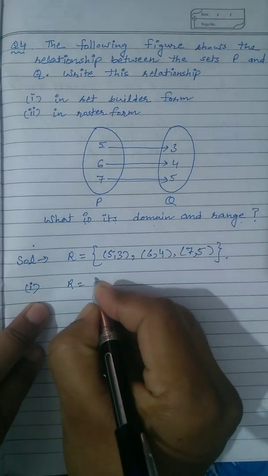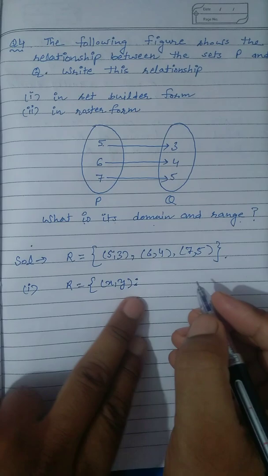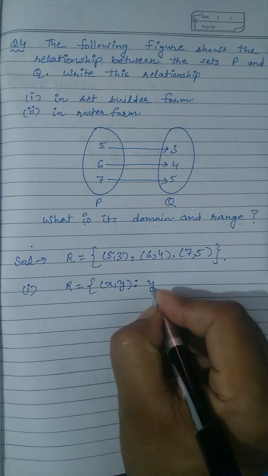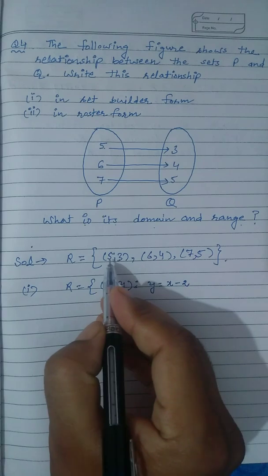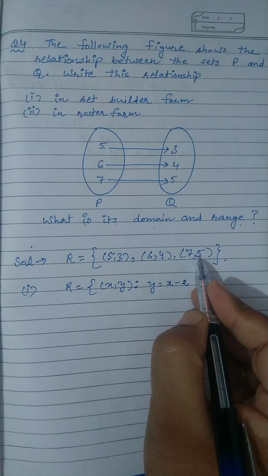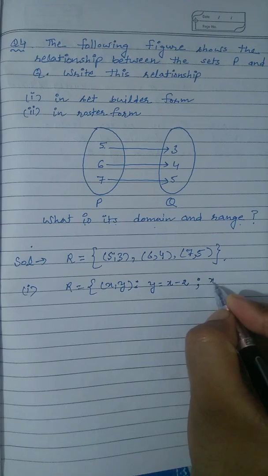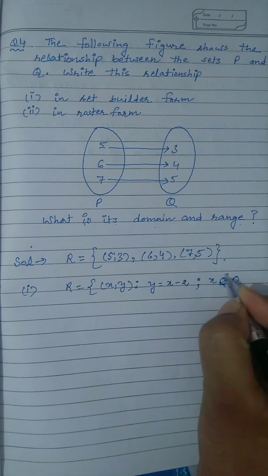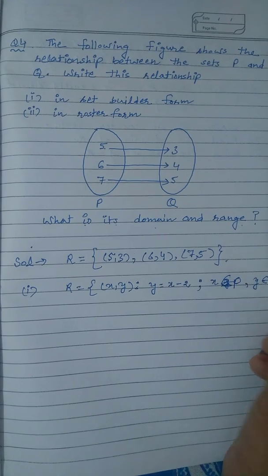R = {(x, y) such that y = x - 2}, since 3 = 5 - 2, 4 = 6 - 2, 5 = 7 - 2, where x, y belong to P and Q respectively.